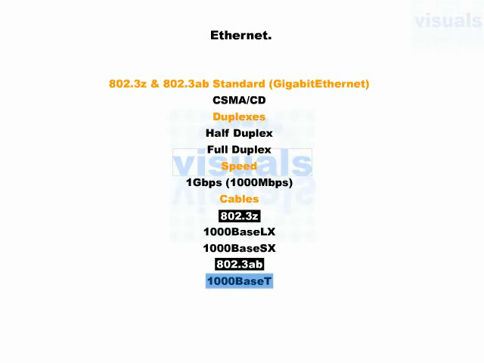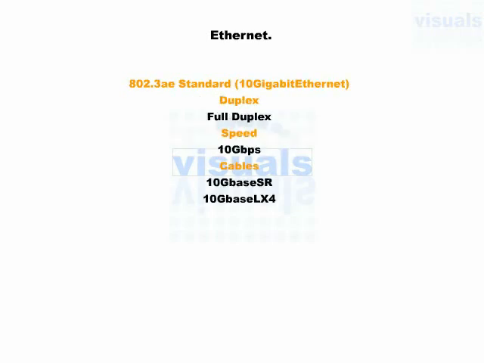With this we are done with 802.3z and 802.3ab standard. Let's move towards final standard, which is 802.3ae standard. IEEE 802.3ae standard was published in year 2002. This standard is also known as 10 gigabit Ethernet.